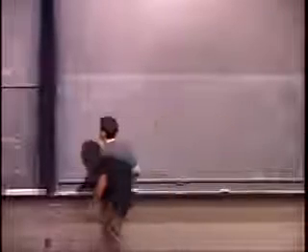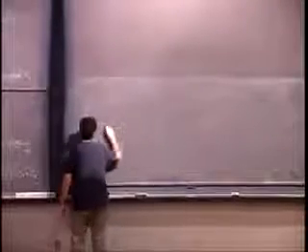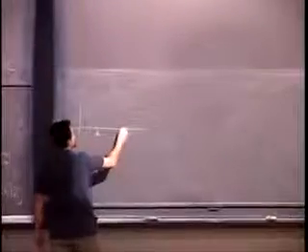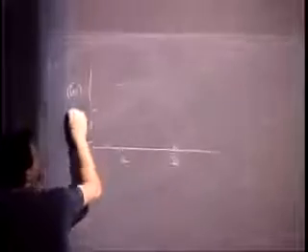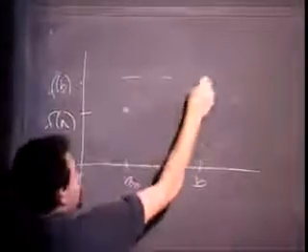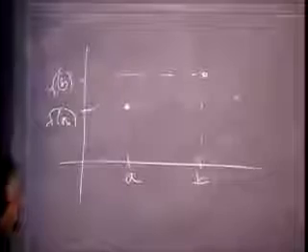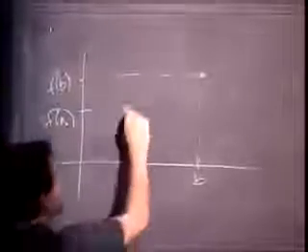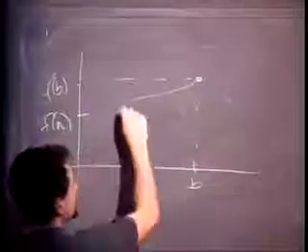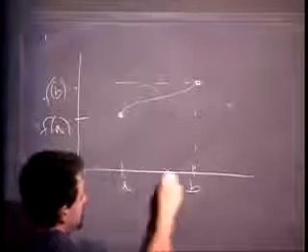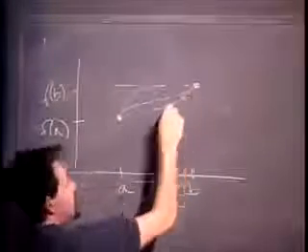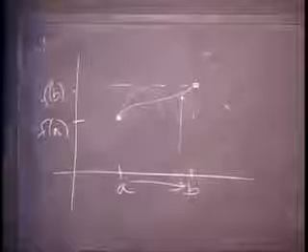Picture looks like this. b is anywhere to the right of a, and this means that f of b is somewhere above f of a. So this point is higher than this point, and it therefore is increasing, because it's not just true for this point, but it's true for any 2 points. It cannot go back down somewhere, because points to the right on the x-axis lead to higher points on the y-axis. That's what we've proved.